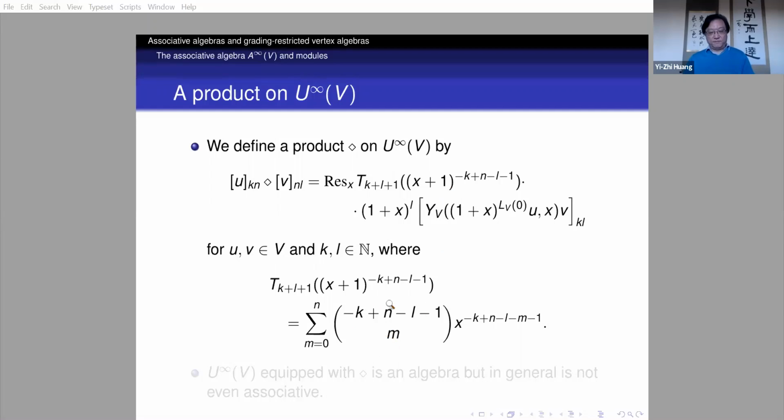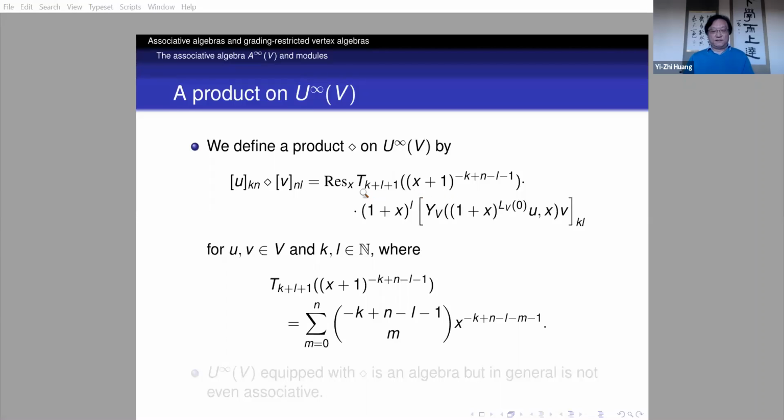I think before, when we wrote down such a product, we just used the binomial coefficient, but one can write it in this way because it's more conceptual. This T is such that you have (x+1) to this power, written in this way, using our convention that you should expand this as a negative power in x.